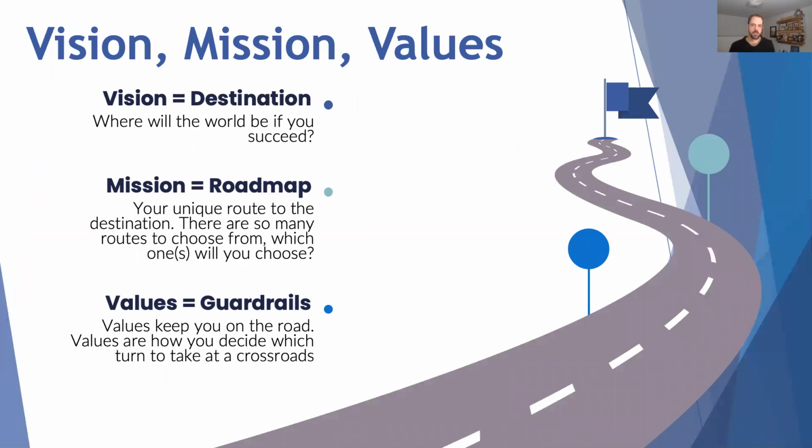I want to pause for a moment on some of these really mundane terms that we often take for granted in the nonprofit world. And I want to make sure that we have a base level, common understanding of what these terms actually mean and how they can be useful from a board's perspective. So the three terms I want to focus on are vision statement or vision, mission statement or mission, and the values.